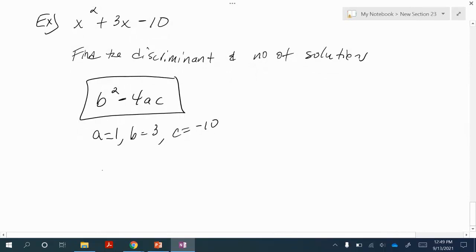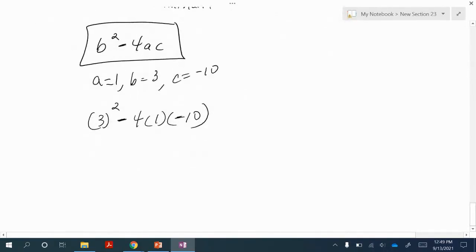So we have b squared, so b is 3, minus 4 times 1 times -10. So 3 squared is 9, plus 40.